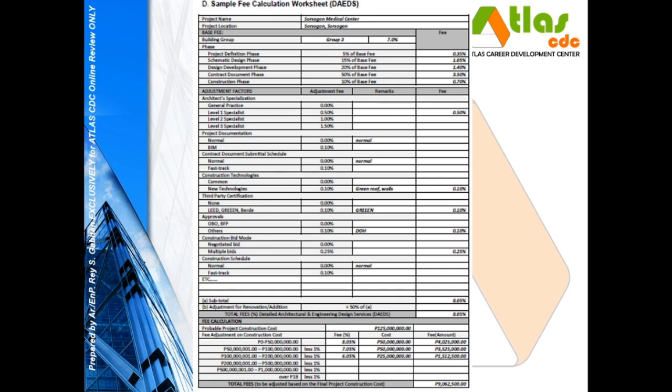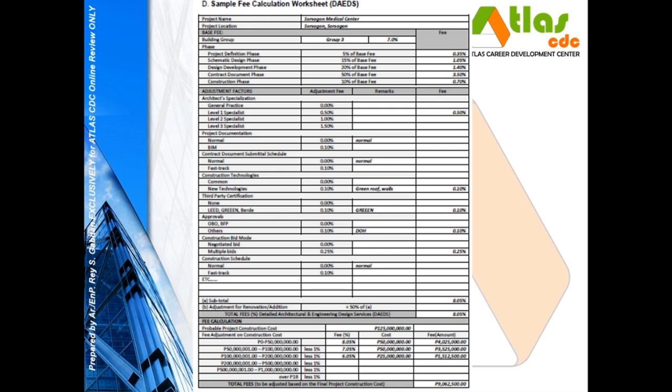You can see here in this sample a particular project, what the building classification is, how much professional fee is used, the manner of payment, the different phases, and if there will be adjustment factors to be included, what will be the impact on the professional fee, until finally you come up with the final total professional fee, the detailed architectural design, and based on the probable project construction cost as well, the computation for how much your professional fee will be based on the range of the construction cost.